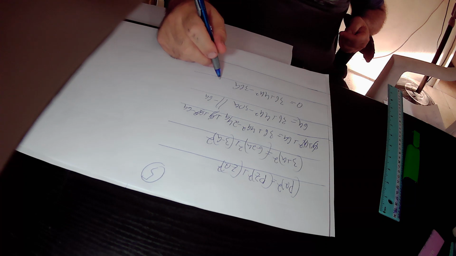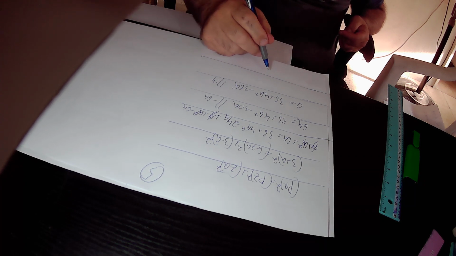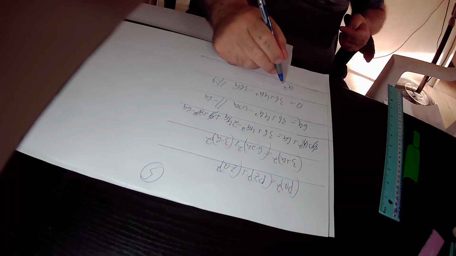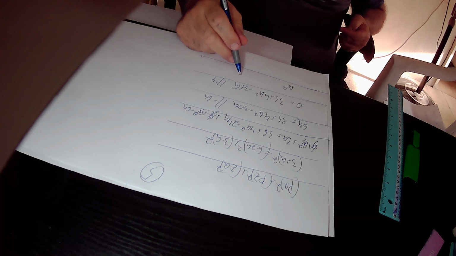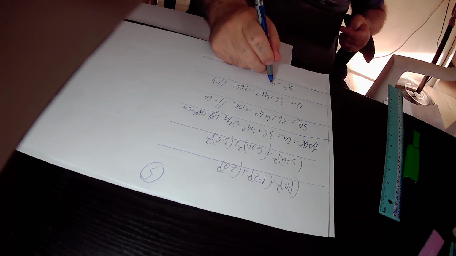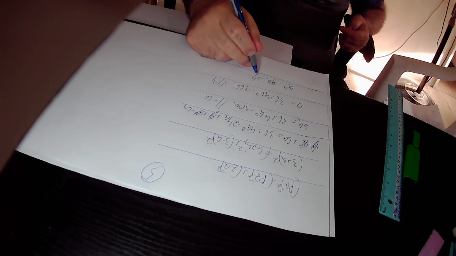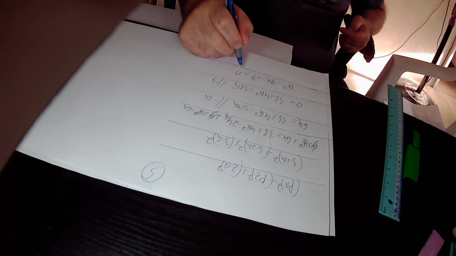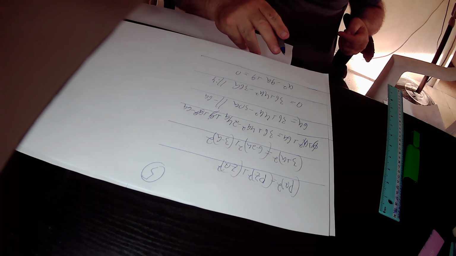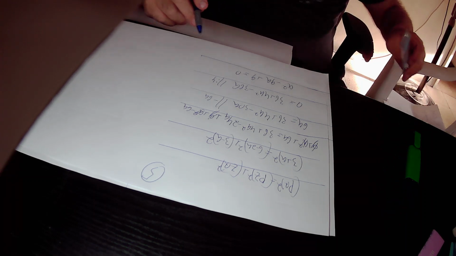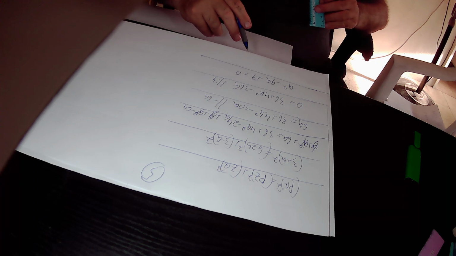Here we divide this equation by 4, and we get that 4A squared over 4 is A squared, minus 36A over 4 is minus 9A, and 36 over 4 is 9. 0 over 4 is 0. So we found out that A squared minus 9A plus 9 equals 0. Actually, this is a quadratic equation.